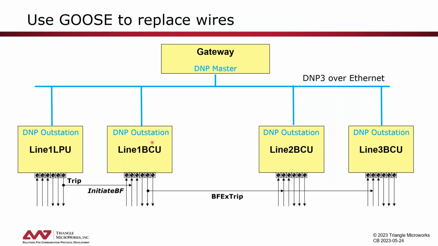And in case the breaker failure function has to operate because the breaker failed, it will send again over a wire the external trip to the devices of the neighbor breakers that need to be tripped in the case of the failure of the original breaker. So again, in a conventional approach, that will be a wire going on binary inputs on all the other devices that interface to these breakers.